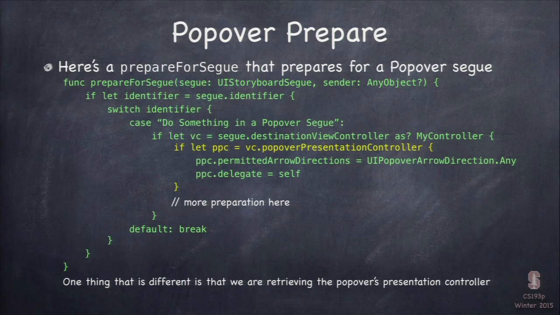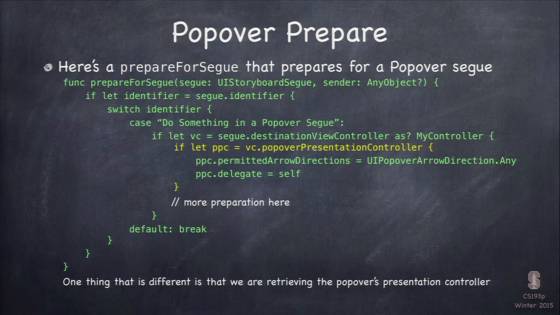But the yellow line there is where, from the view controller that I'm segueing to, I'm asking it for its popover presentation controller. Okay? So this is an object, the presentation controller, that will only come back non-nil here if I'm being segued via popover. If I'm being segued some other way, like just pushing in a navigation controller or something like that, then this will come back nil, and I'm just going to ignore it because I do if let right there.